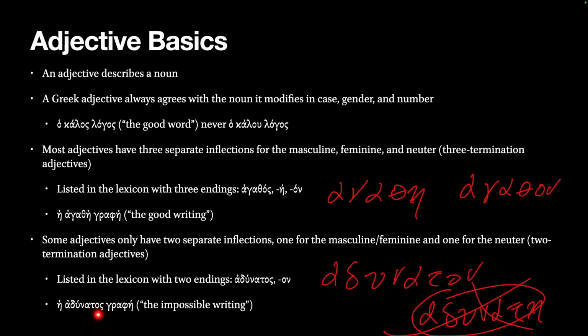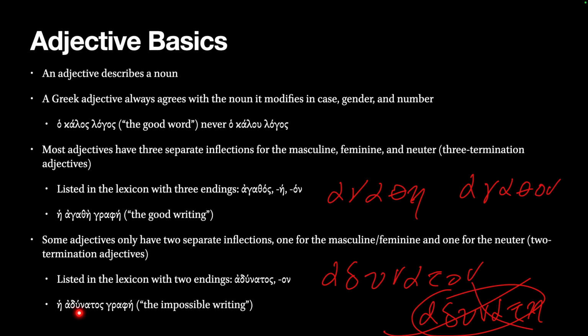And it doesn't look feminine because it is a two-termination adjective. So once again, this over here, who is this? That's right. This is your very, very, very good friend because the definite article is telling you all the information you need to know about both of these words, even though adunatos doesn't necessarily look feminine.